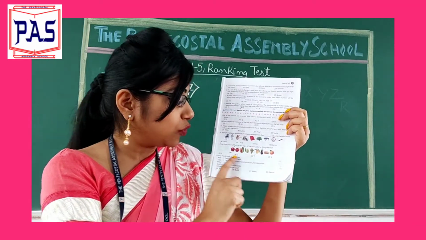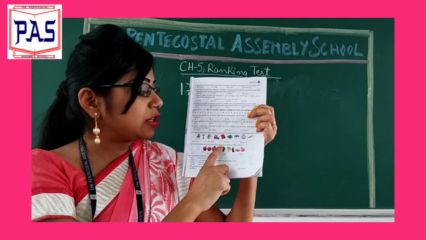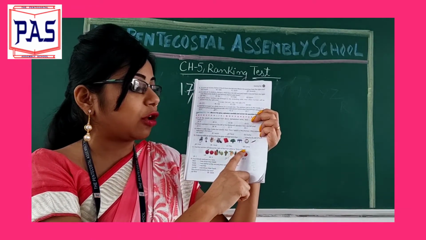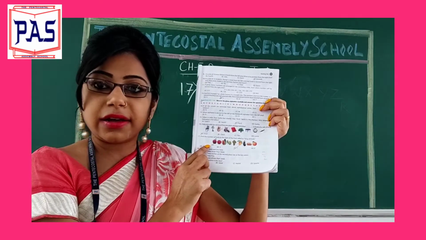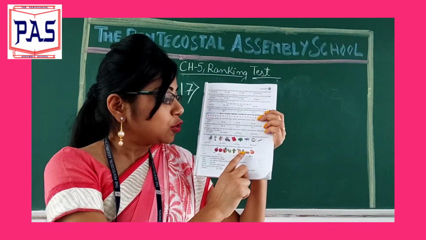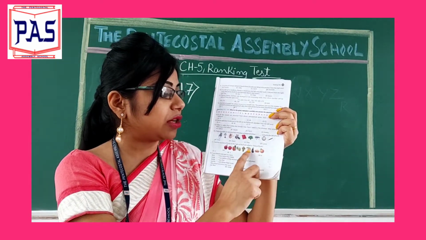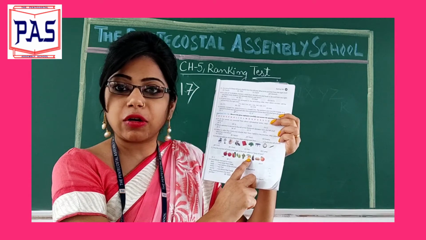Mango. So the question is asking to find the number of fruits to the right of the king of fruits. So you have to choose the fruits which are to the right of the king of fruits.